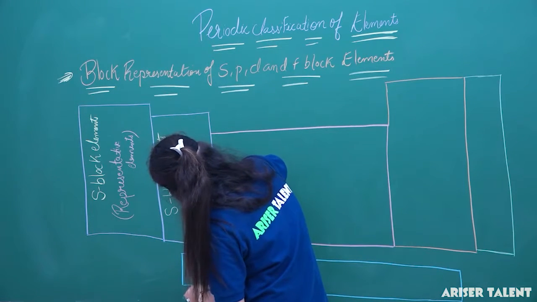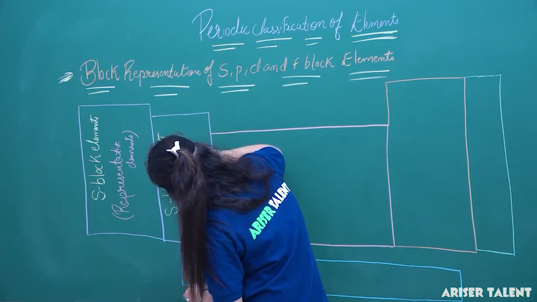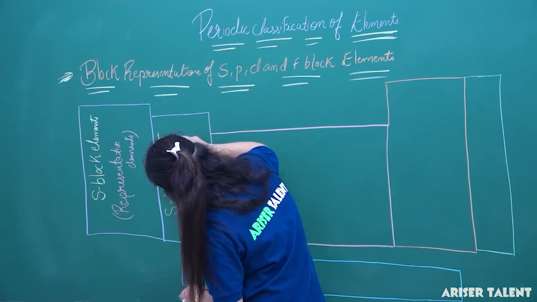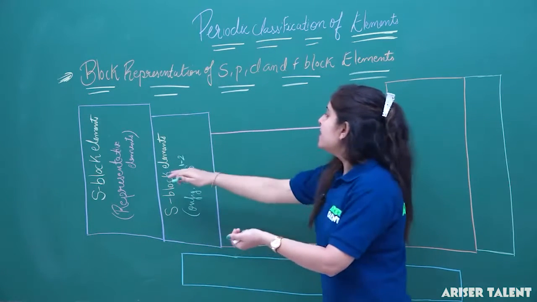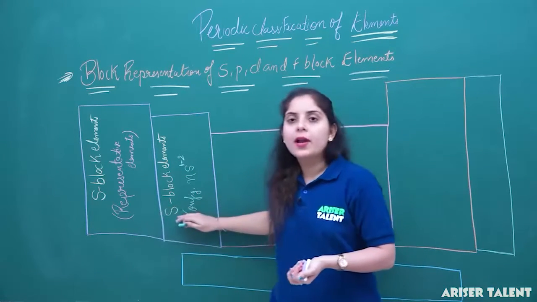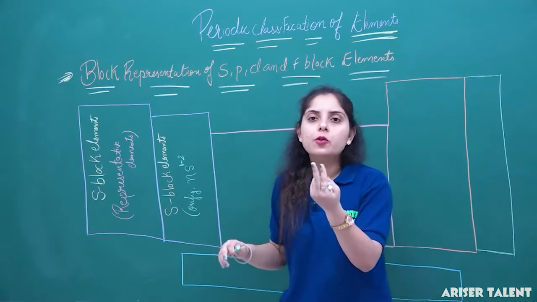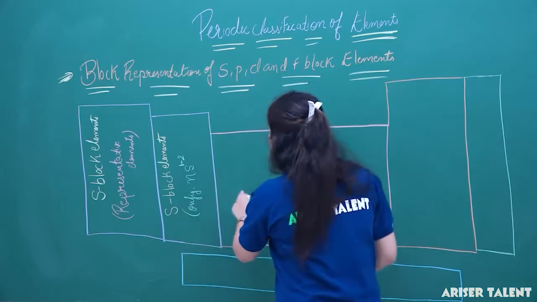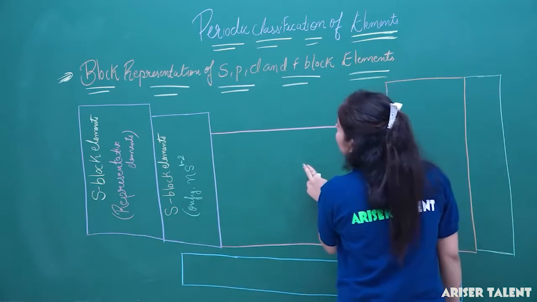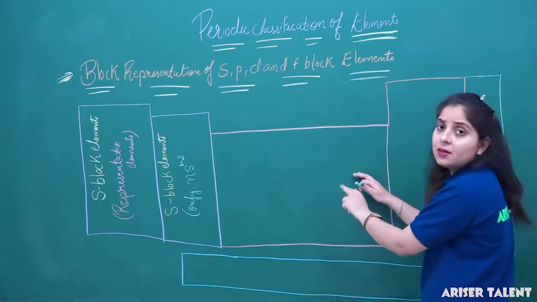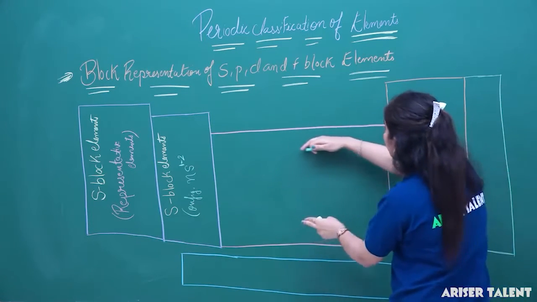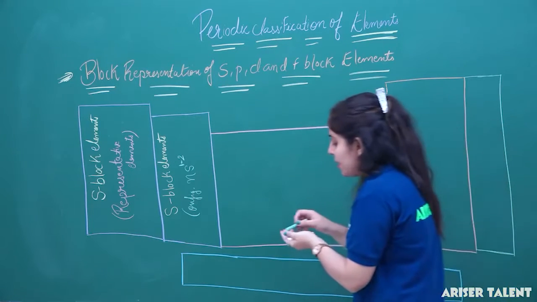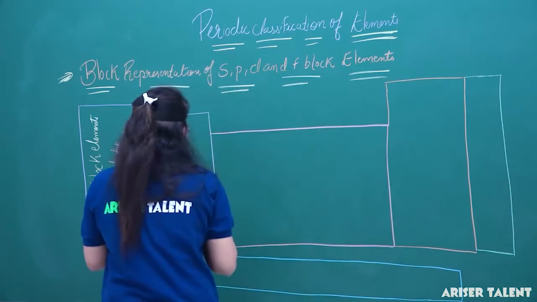So this is the characterization of the S block elements, that these two blocks form the S block elements. Now you can see here, this part is not a P block. This horizontal part that lies horizontally in the periodic table is actually the D block element.